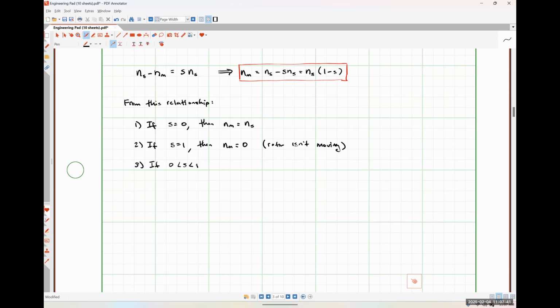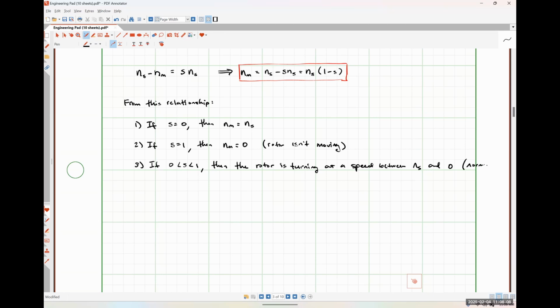So if our slip is between 0 and 1, then the rotor is turning at a speed between ns and 0.